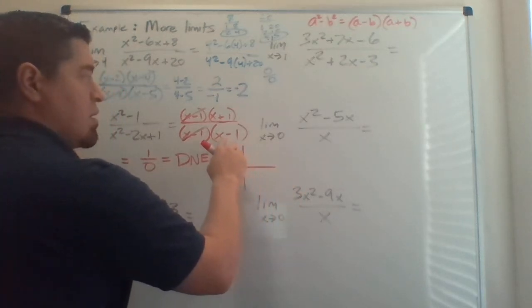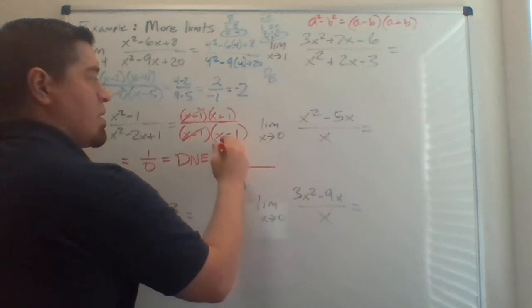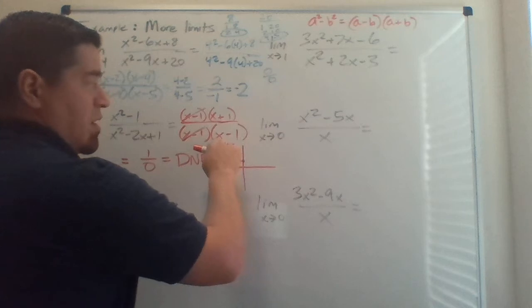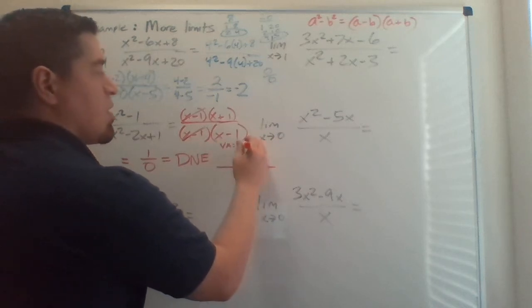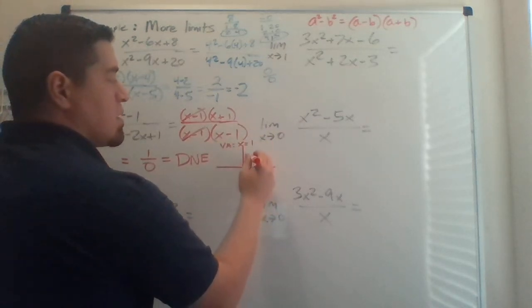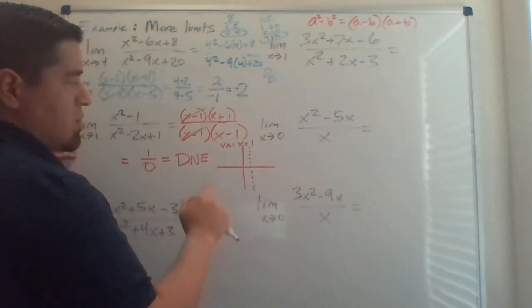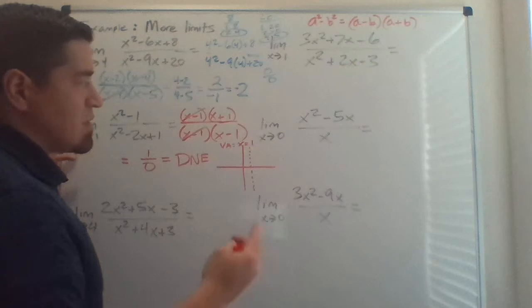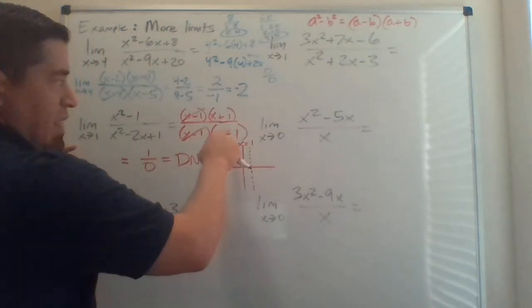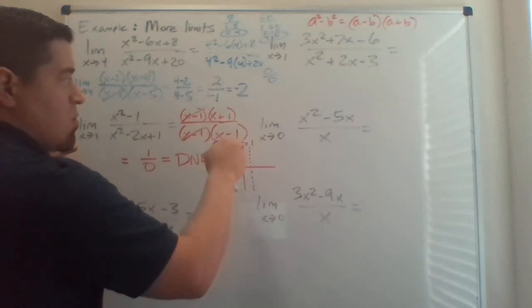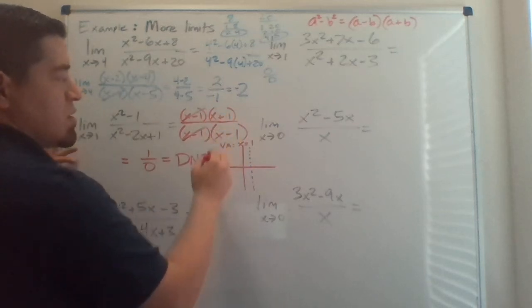I'm going to talk about something which you may have heard, but maybe it's been a while. Whatever makes this denominator 0, that's what we call a vertical asymptote. So x equals 1. So there's an x equals 1 here. Also, and we're going to go over this again and again, so this is just doing it by hand, this has a power of 1, that has a power of 1, the coefficient is 1, and the coefficient here is 1.